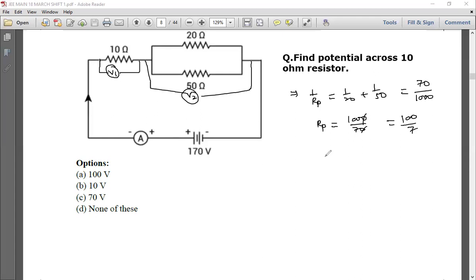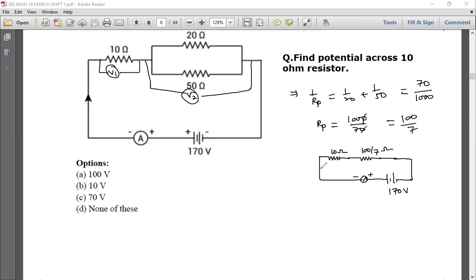Now here we have the circuit like this: 10 ohm, and this is 100 by 7. This is the ammeter. And here it is 170 volt.